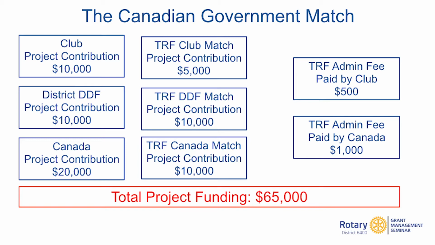They will match those US dollars dollar for dollar to give you those $40,000. In addition, you have the club match from the Rotary Foundation of 50 cents on the dollar, so $5,000 there. They'll match the DDF from the district, dollar for dollar. And the Rotary Foundation will match 50 cents on the dollar for the money coming from Ottawa.